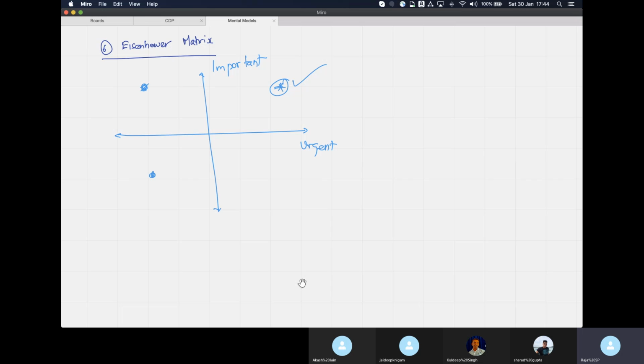And if something is neither urgent nor important, you may choose to delegate it to somebody else because it really doesn't deserve your attention. Whereas something here is of course urgent, but again not too important. Probably some other way of delegation or prioritization can be applied.